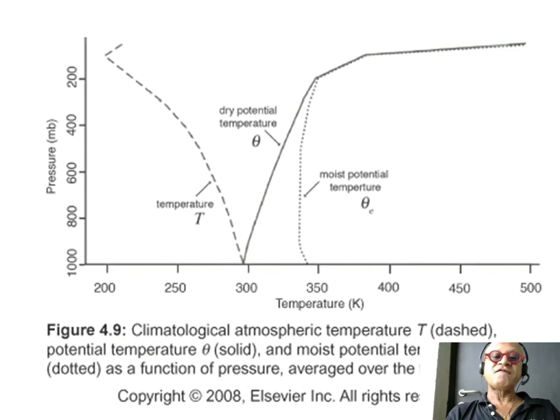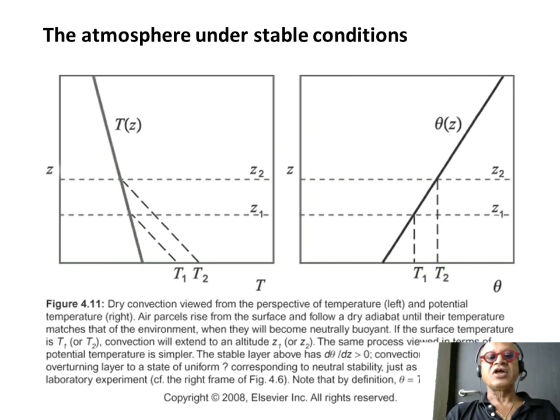So let's look at the profile again. Non-conservative quantity, and conservative to dry processes, dry potential temperature. We will define this in the next podcast, but this is positive, so the atmosphere is nearly always stable to dry processes, as we saw with the dry convection.